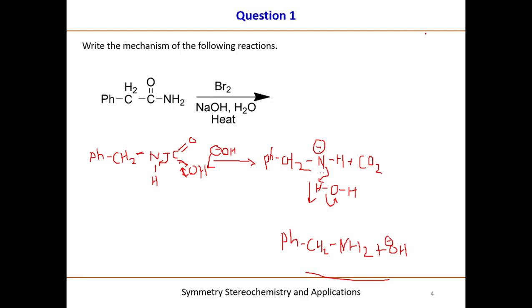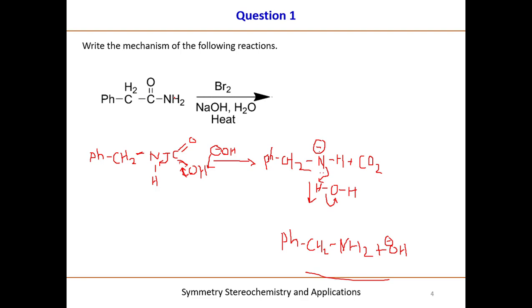So here we have observed the reaction mechanism step by step. The first step was deprotonation of amide. Here we have discussed earlier. Here it is not shown because I have erased it. So the first step was deprotonation of amide and nucleophilic attack on this nitrogen atom.